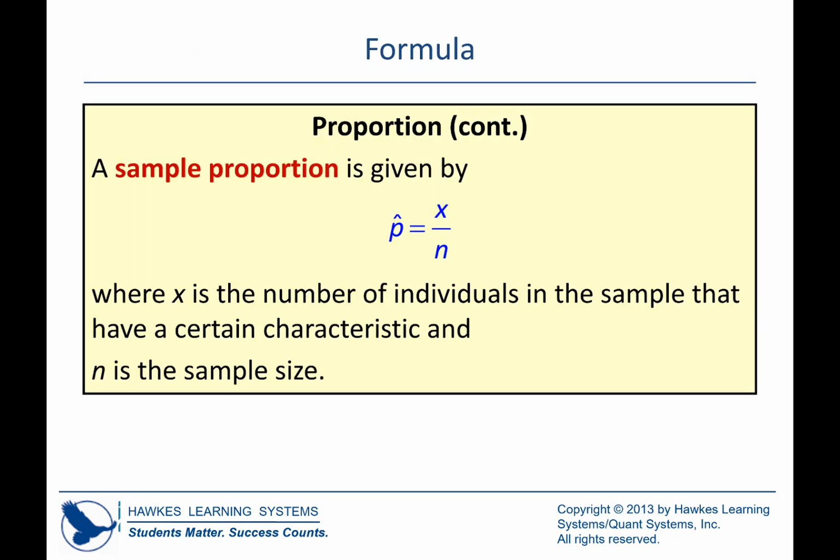If we want to calculate a sample proportion, it's x over n. n is just our sample size again, and x is the number of data values, or the number of individuals if we're thinking about people, that have whatever characteristic we're looking for. x is the number we're counting, n is just the total. We get our sample proportion that way.